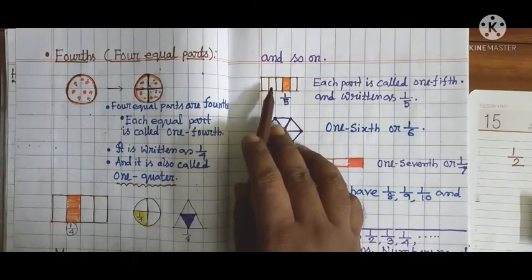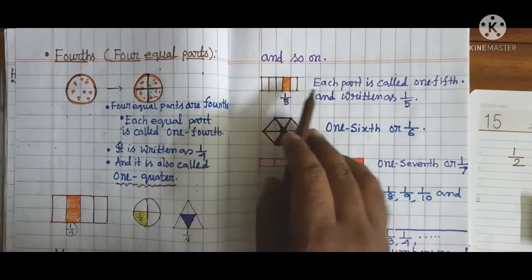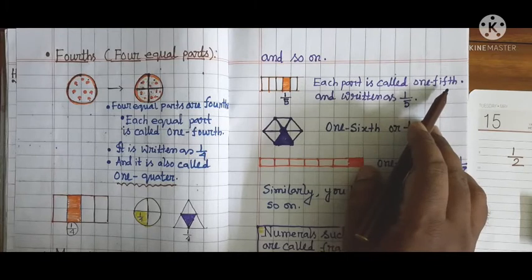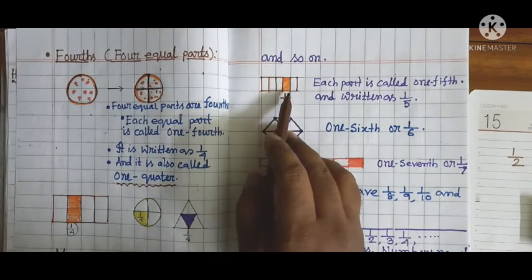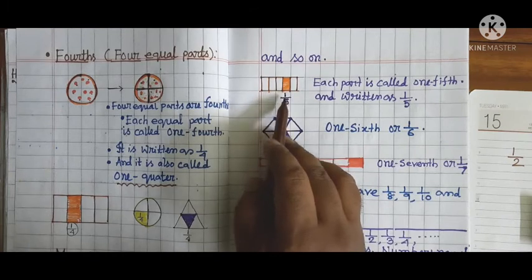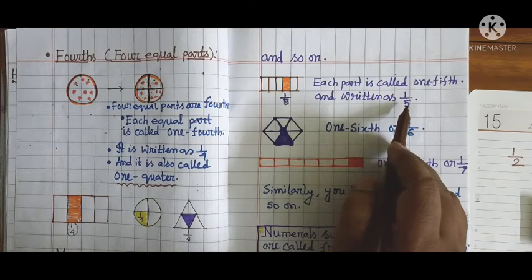Now a picture: here you can see a whole thing divided into 5 parts, and each part is called 1/5, written as 1 by 5.